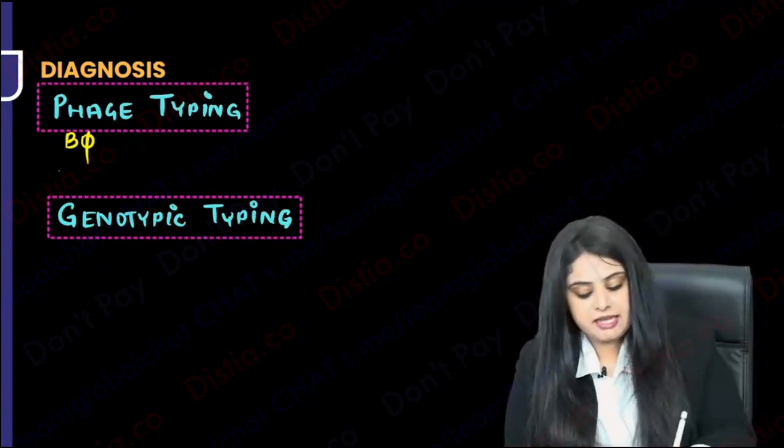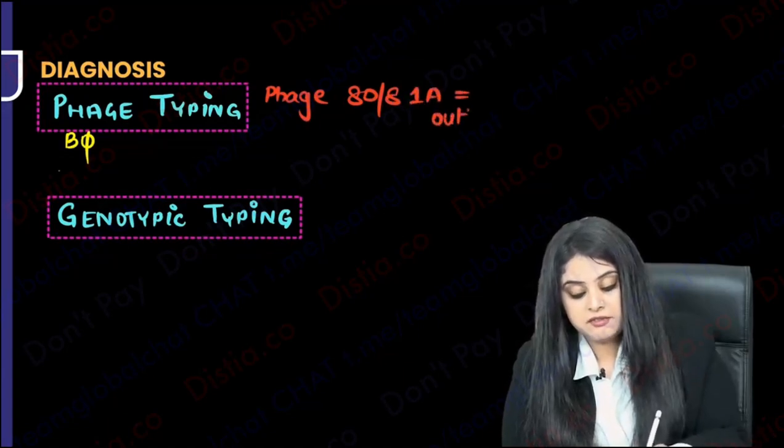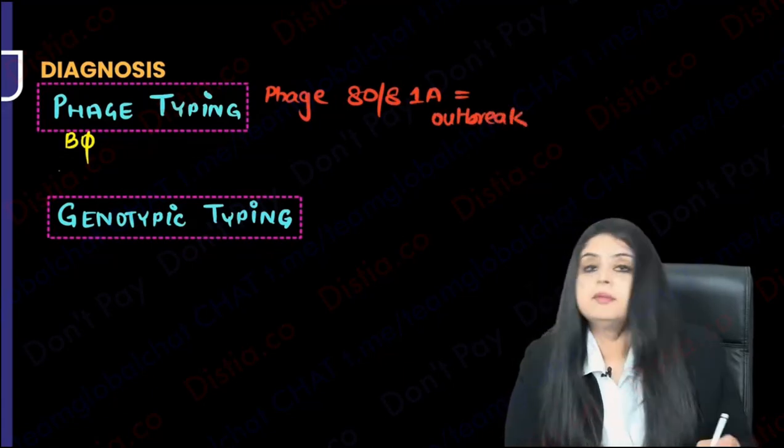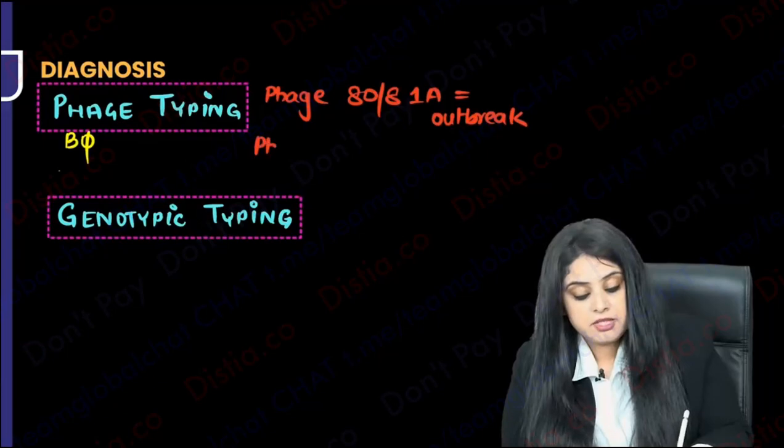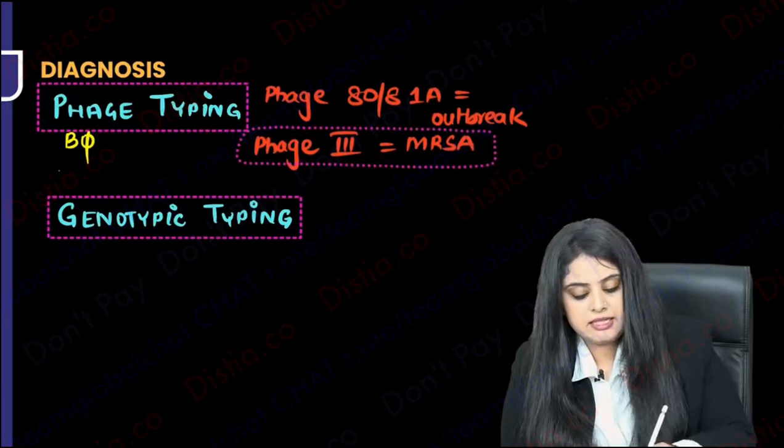On those bases, I realized that phage 80 and 81A have been associated with outbreaks. The staphs which result in outbreaks, they are susceptible to phage 80-81. But jo sabse important question hai, phage 3 is seen in association with MRSA. Ye thoda ratta hai that you will have to do.